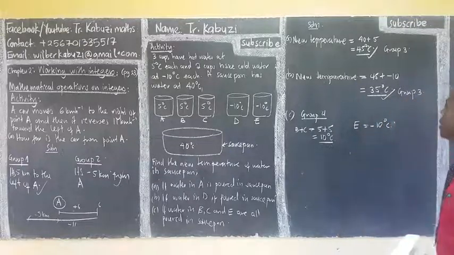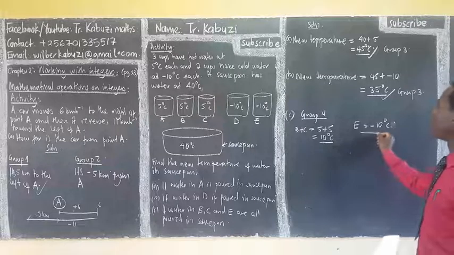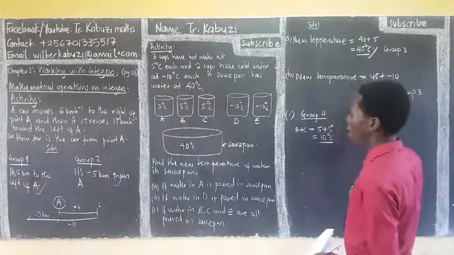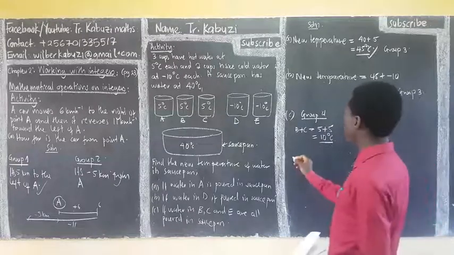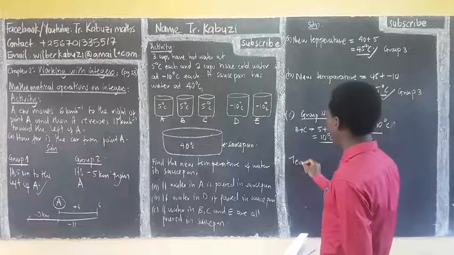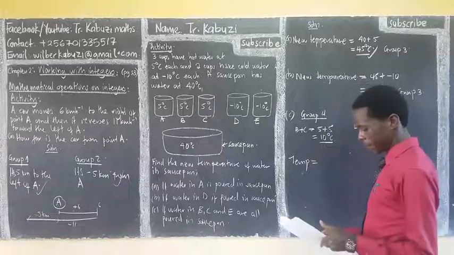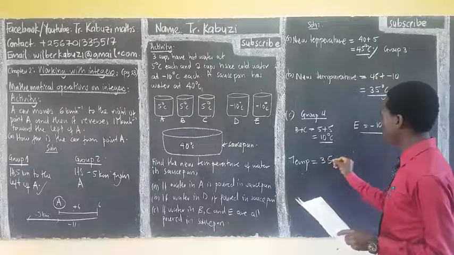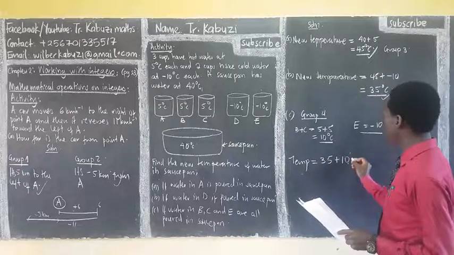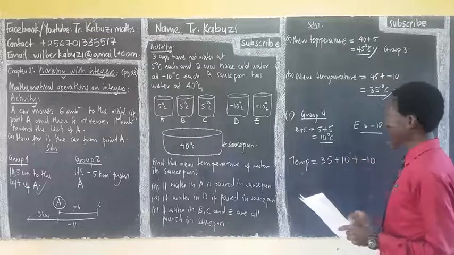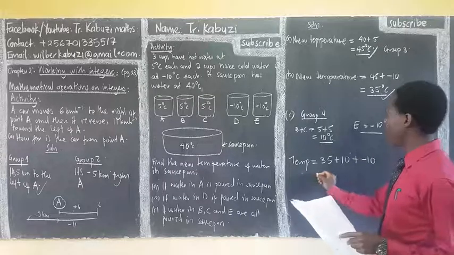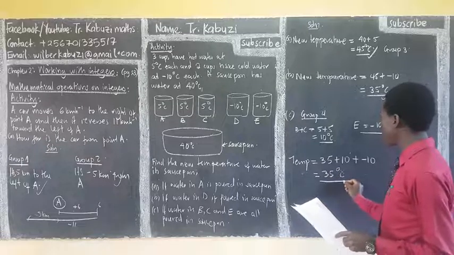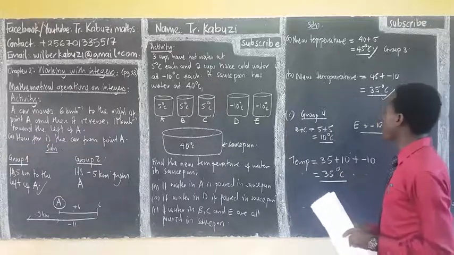So if E is having negative 10 degrees Celsius, now we are adding both in A. So now remember, our saucepan, this is the temperature. They say 35 plus 10, then plus negative 10. And then they ended up with 35 degrees Celsius, and that was their answer here.